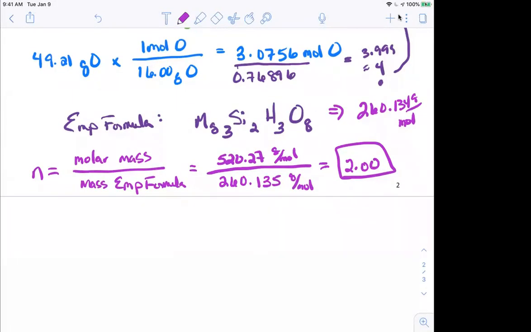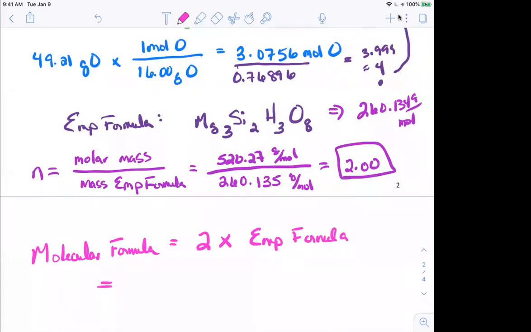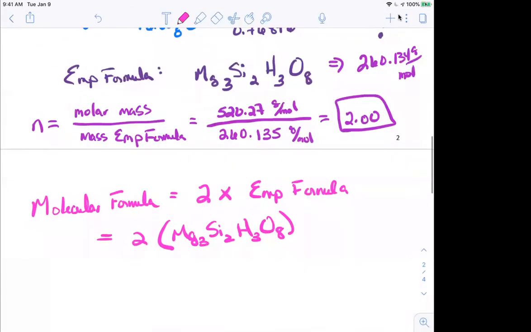So my molecular formula is going to be equal to 2 times my empirical formula, which is equal to 2 times Mg3Si2H3O8.